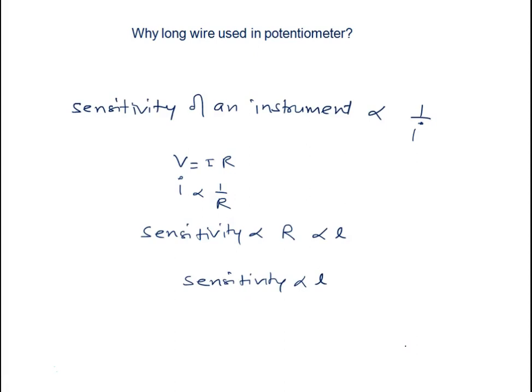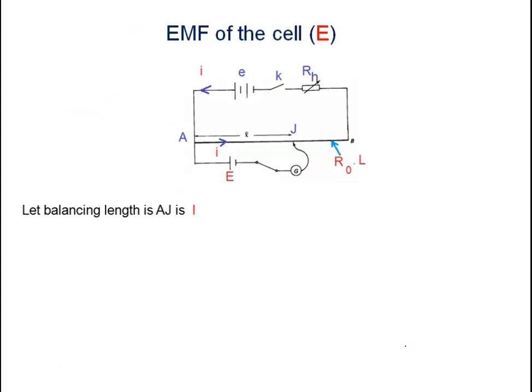All of you read it. Now we will see in the practical lab how we measure the EMF of the unknown cell which is in the secondary circuit. We have to measure the unknown EMF E and the balancing length, let it be small l. This is the balancing length.